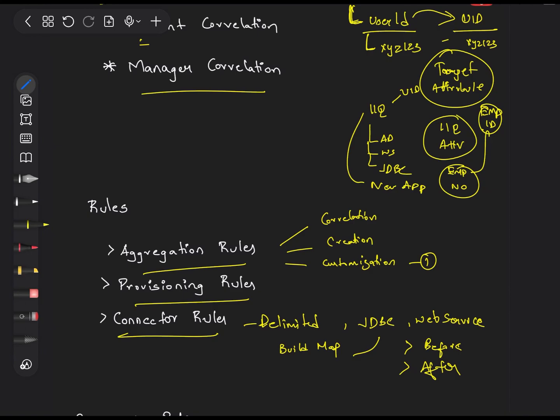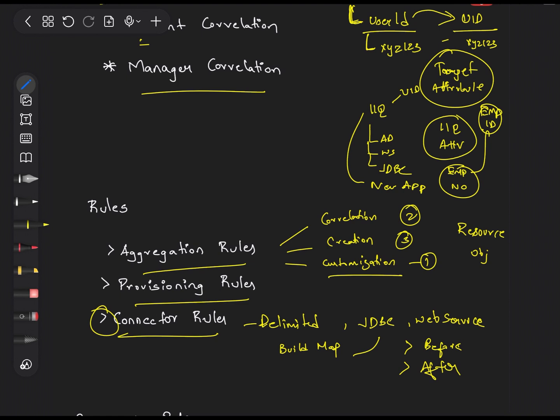During aggregation, first IAQ will check whether any connector rule is configured or not. Usually it will get a map, then it will convert it to a resource object, then the resource object will be given to aggregation rules. In the customization rule you can modify the object, then it will be sent to correlation, then creation.